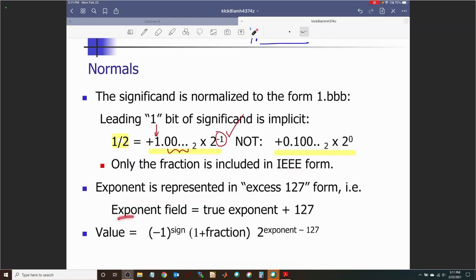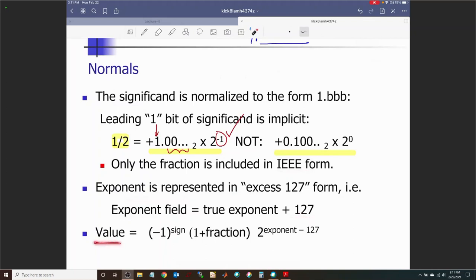So the exponent field that you have using 8 bits is actually the true exponent plus 127, which is called the XS127 format.